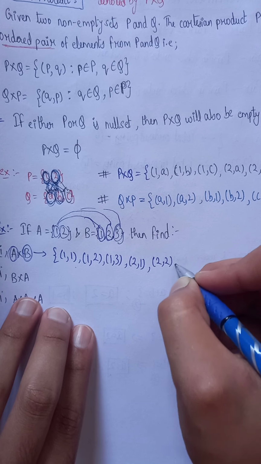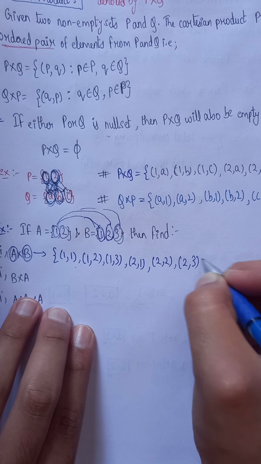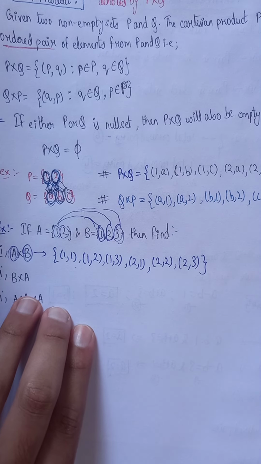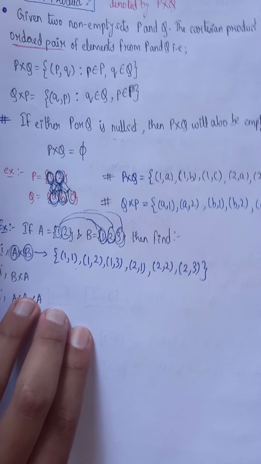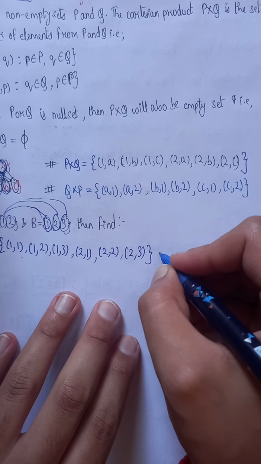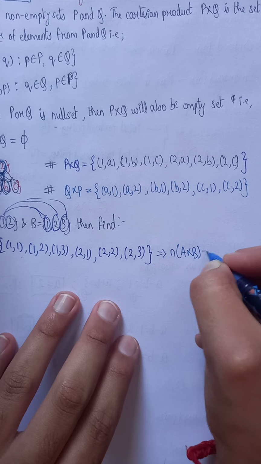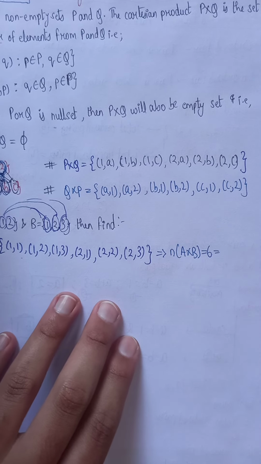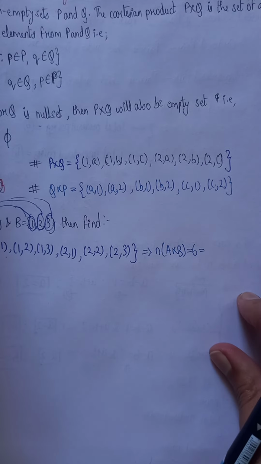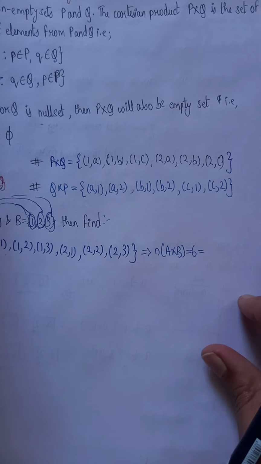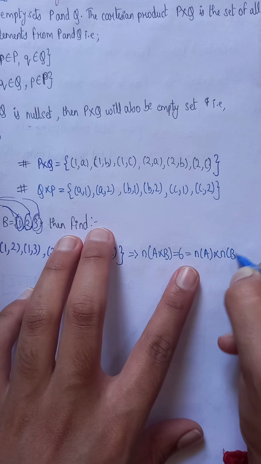From this we get to know that the number of elements in set A cross B is equal to 6, which is also equal to, and this is important, the number of elements in set A into the number of elements in set B.